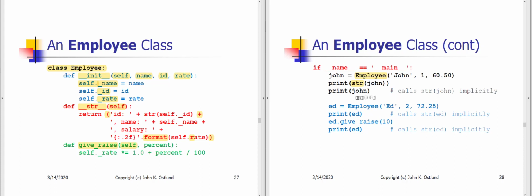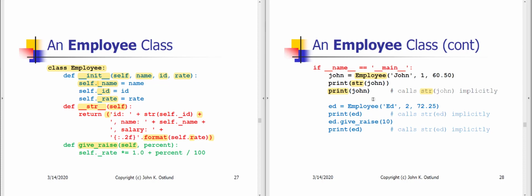Now, it turns out that one of the behaviors of the print function is that it automatically invokes the str method on each object that you give it as an argument. So in fact, when I say print John, without bothering to call str, str actually gets called implicitly by the print function itself. And so saying print str John is just a long-winded way of saying print John. These two different function calls accomplish exactly the same thing.